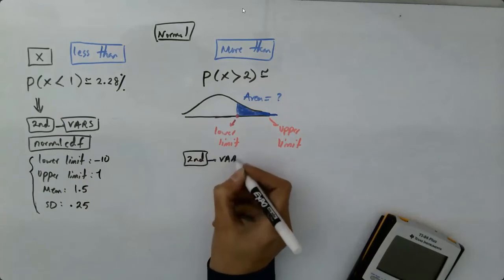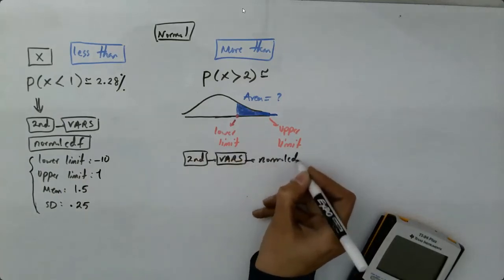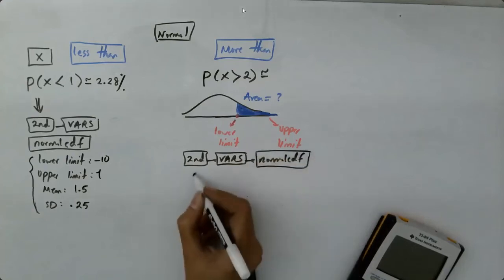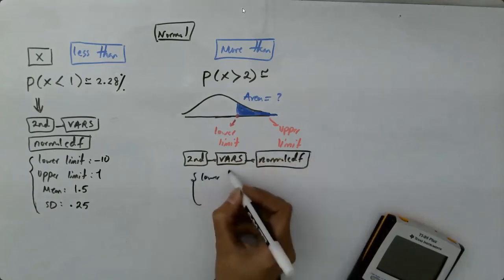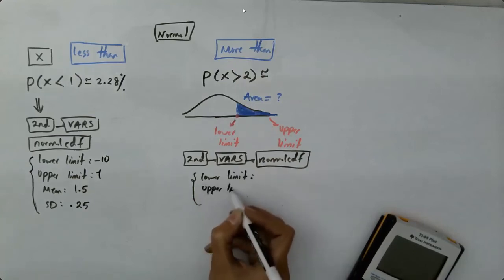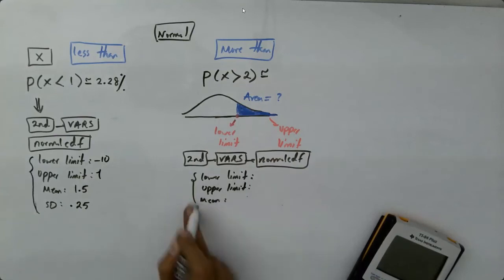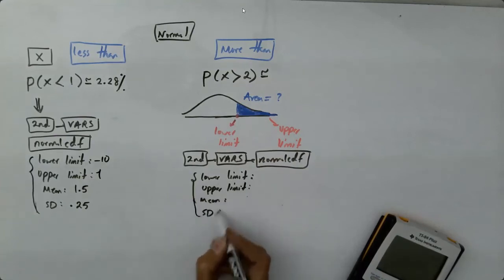So, second, bars, normal CDF, lower limit, upper limit, mean, and the standard deviation. Okay, so what is my lower limit here?